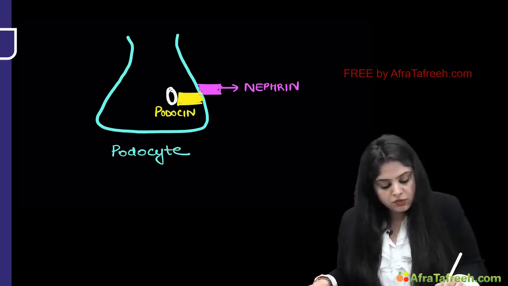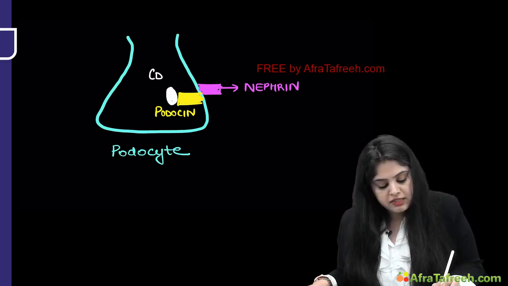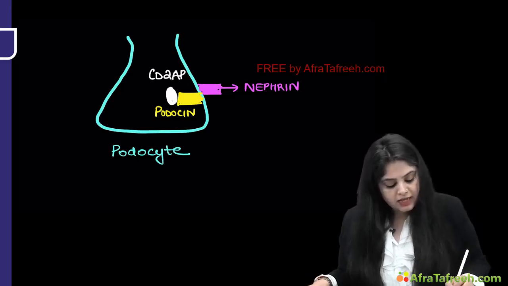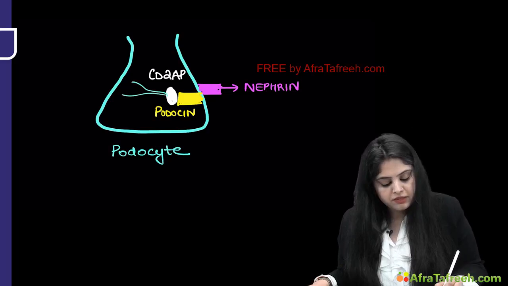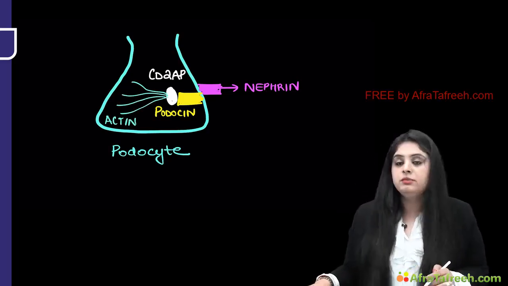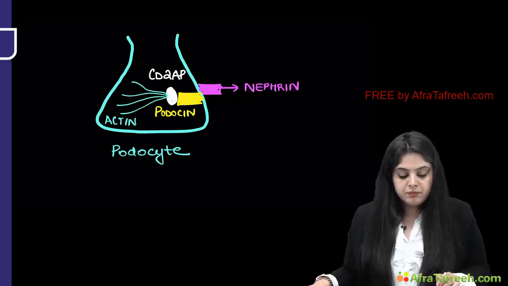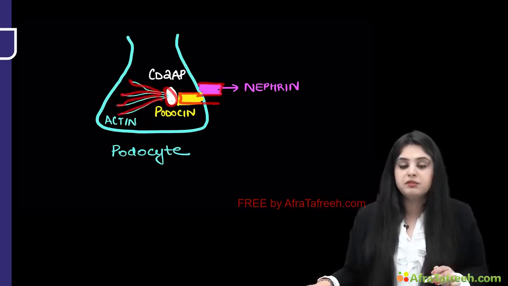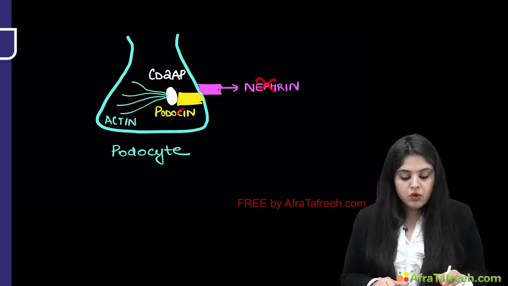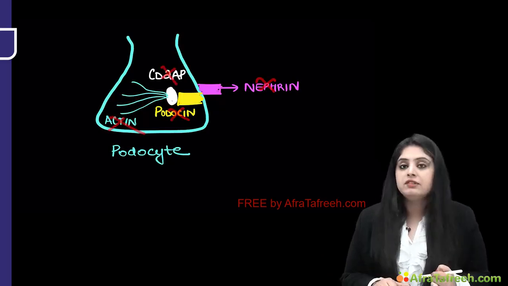Attached to the podosin was a round structure called CD2AP, and attached to this were all the filaments which we called actin filaments. So 4 things we studied. The nephrin on the outside, then the podosin on the inside, CD2AP, and the actin filaments, because now if these go wrong, this means the patient can have some problem.